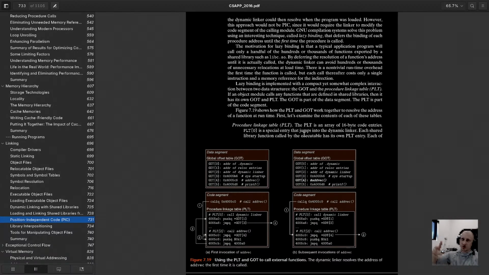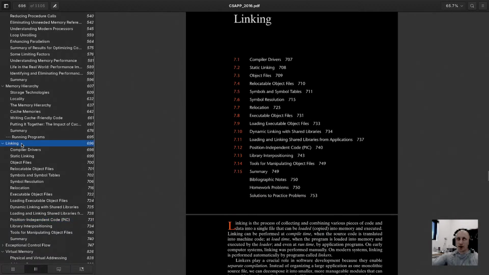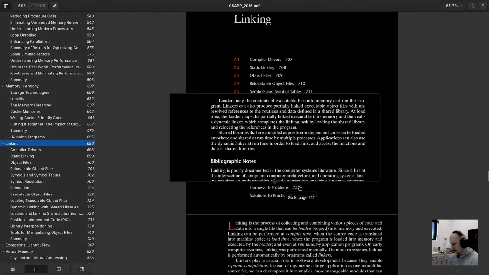Like I fully understand how shared objects get mapped into processes and relocated dynamically. So yeah, this is a really good chapter, this linking chapter. Linking is an area of programming that most people don't spend a lot of time with, but I think it's really important for understanding how programs actually run.